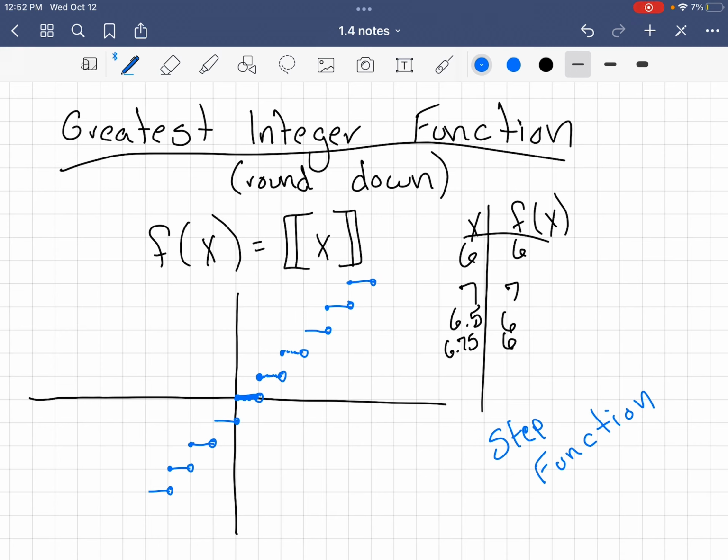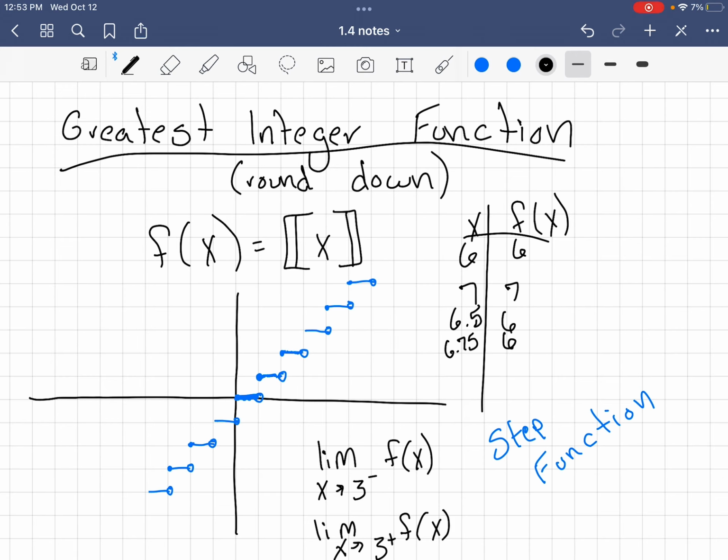But this function really lends itself well to the discussion of one-sided limits. Because if I was to take the limit as I approach 3 from the left of this function, and take the limit as I approach 3 from the right.